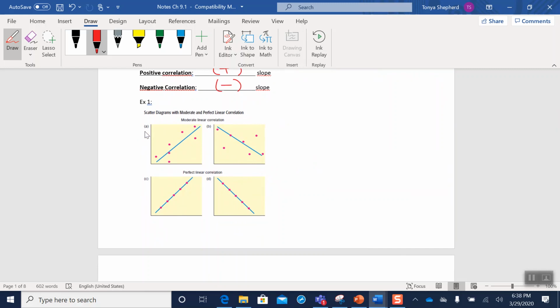So again, A and B have a low to moderate linear correlation, but C and D have a perfect linear correlation because every dot lies on exactly the same line.